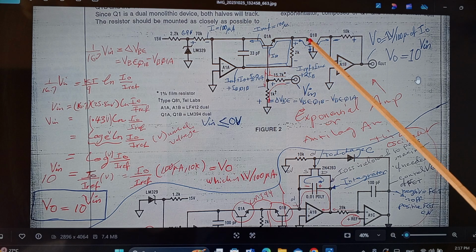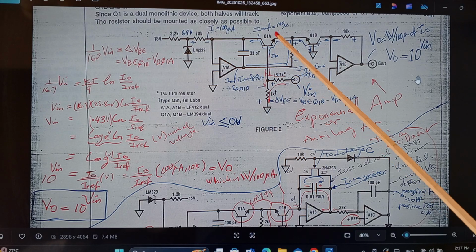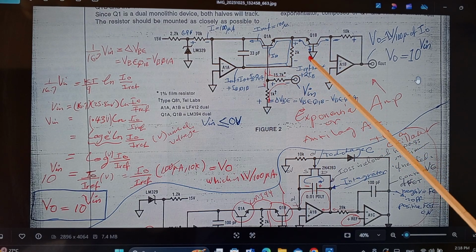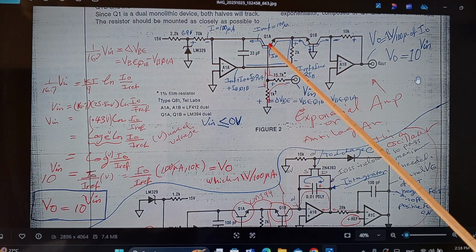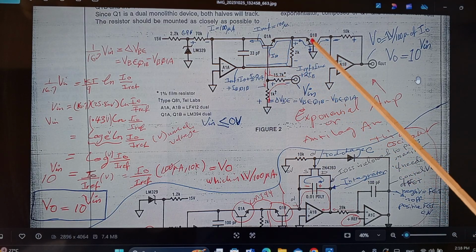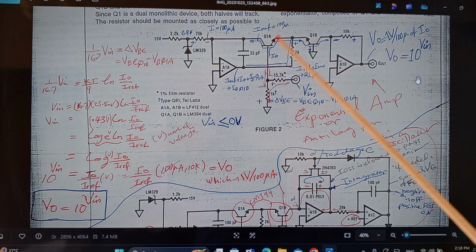The VBE of transistor Q1B is 60 millivolts more than Q1A. And don't forget that it's tied to the ground, while this one is floating. So the VBEs cancel with each other, leaving your 60 millivolts in here.